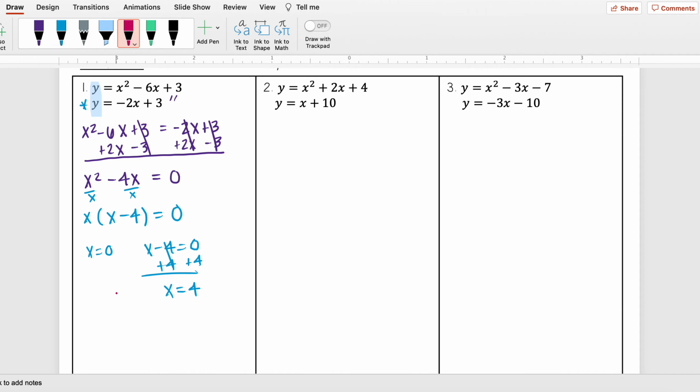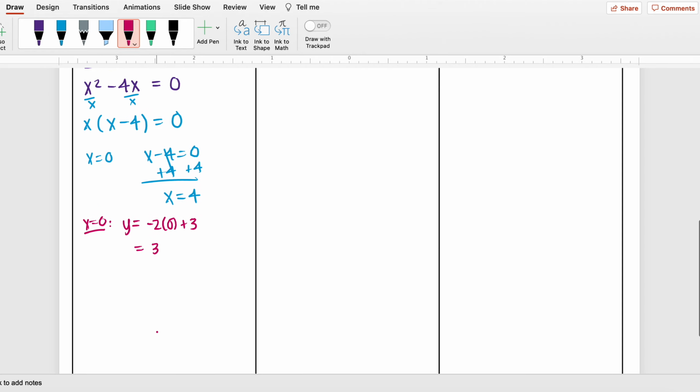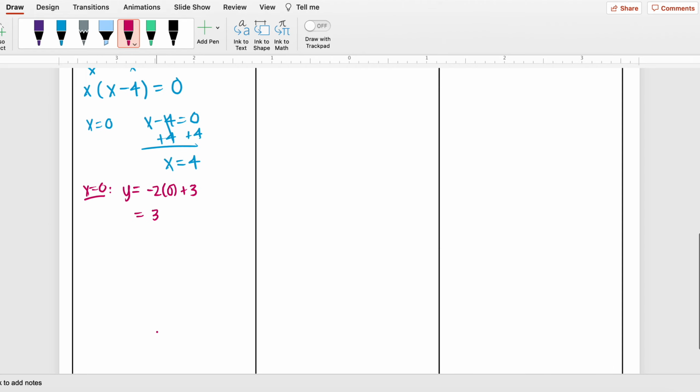So let's start with x equals 0. Okay, when x equals 0, we have that y is equal to negative 2 times 0 plus 3. Well, negative 2 times 0 is 0, 0 plus 3 is 3. And so that means that one of my answers is 0, 3. I'm just going to write that on the side here.